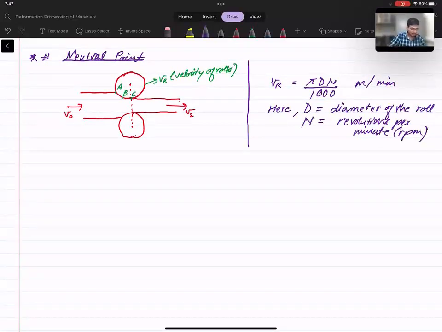Now we define the neutral point as the point where the velocity of the stock or workpiece becomes equal to the velocity of rolls.